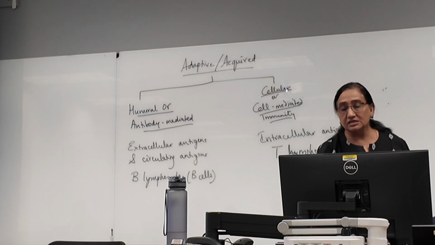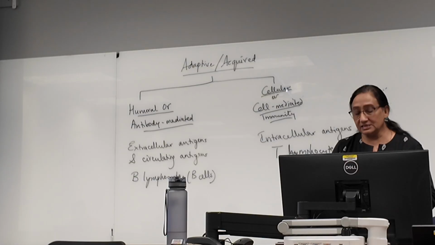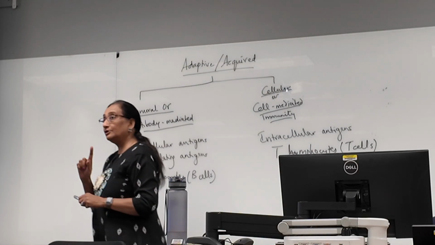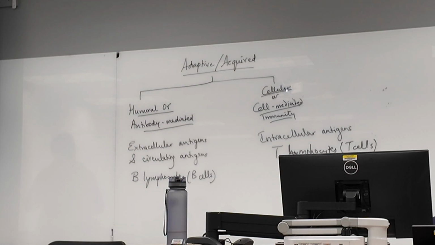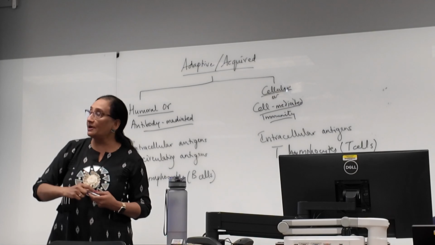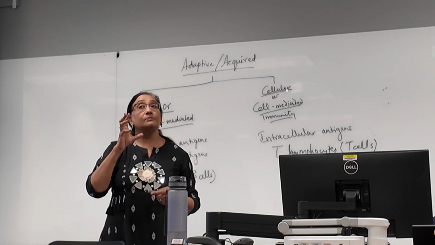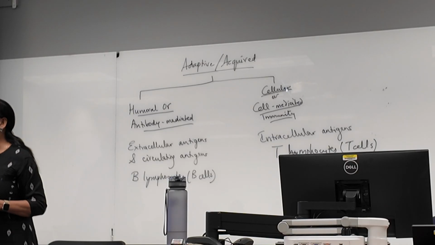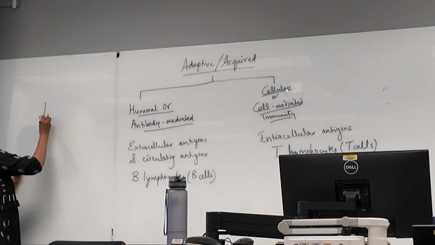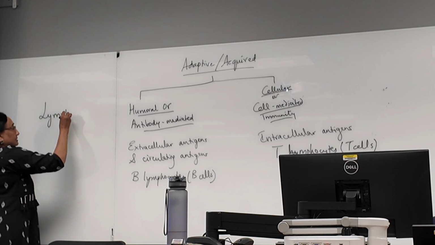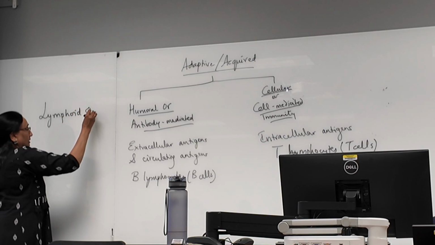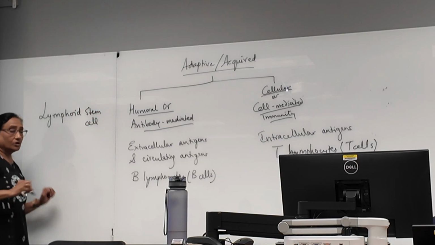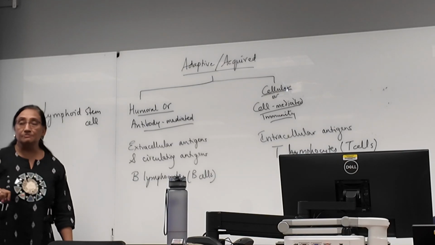Now, where are these lymphocytes produced? The stem cell that gives rise to the lymphocytes is in the red bone marrow. You know all blood cells are made in the red bone marrow. The stem cell is called the lymphoid stem cell or lymphopoietic stem cell.